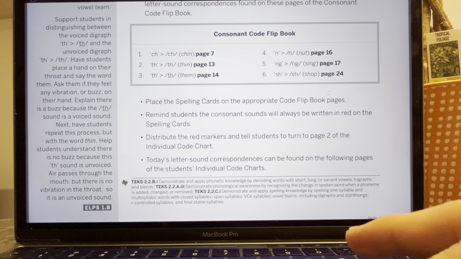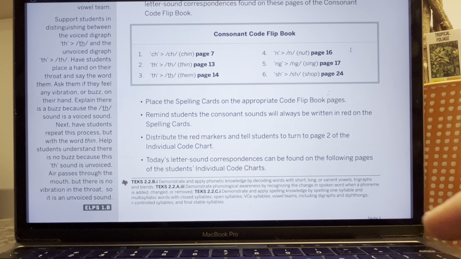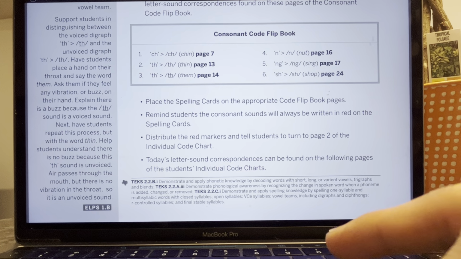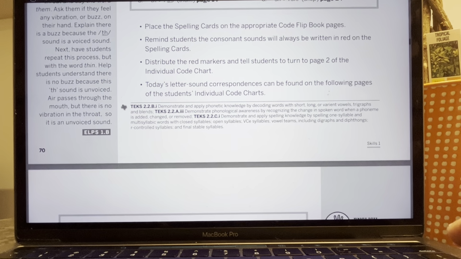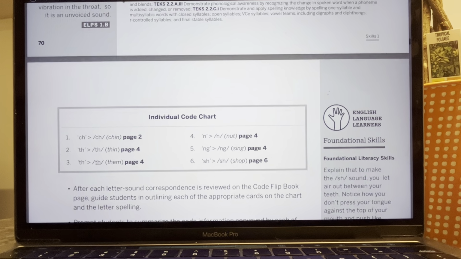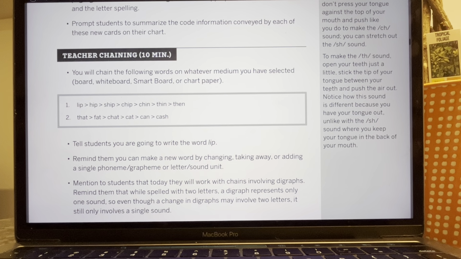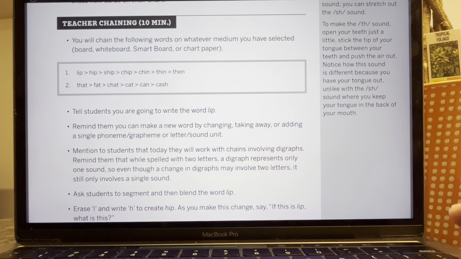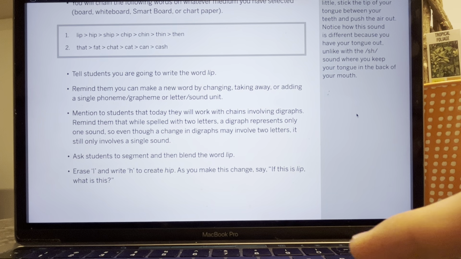We have closed vowel rules, and this sounds like the ch, the sh, and then we're able to say those beginning sounds, add the vowel, and then end it with the consonant. And then they'll do it individually as well. And then the teacher will have an activity where the teacher is chaining those letters, adding repetitive sounds towards the end, and then she changes it at the end to make new words and different sounds. So lip, hip, ship, chip, chin, then.